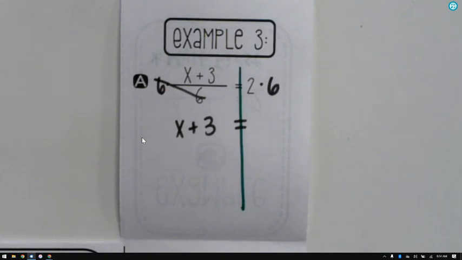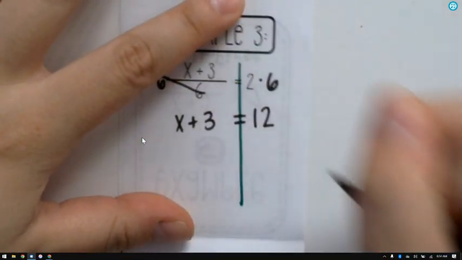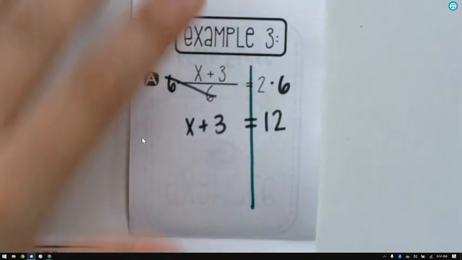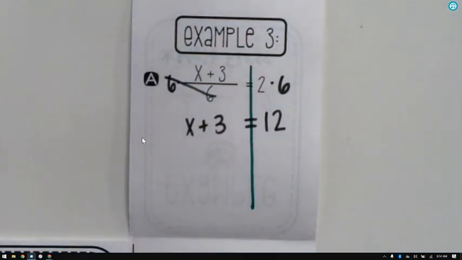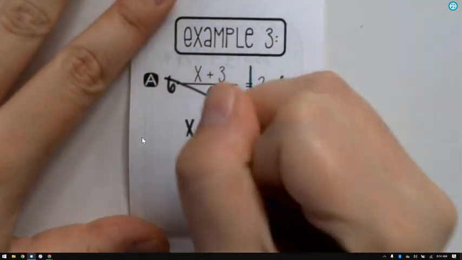And then on the right side, 2 times 6 is 12. And then our very last step to get rid of that plus 3, we can subtract 3 from both sides.